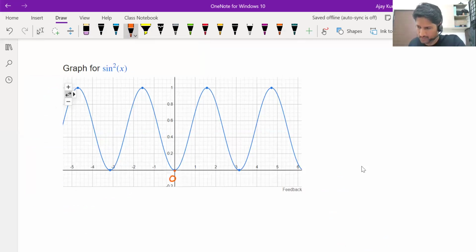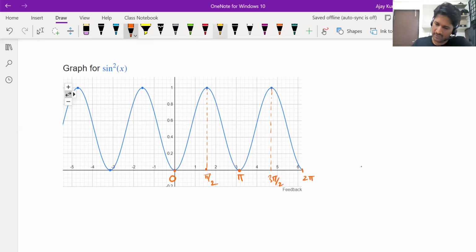This peak value, pi is 3.14, divided by 2 is 1.57. That is pi by 2. Then again it becomes 0 at pi. Then at 3 pi by 2 it will again peak. Then at 2 pi it again becomes 0 and so on. This is the sine square x graph.